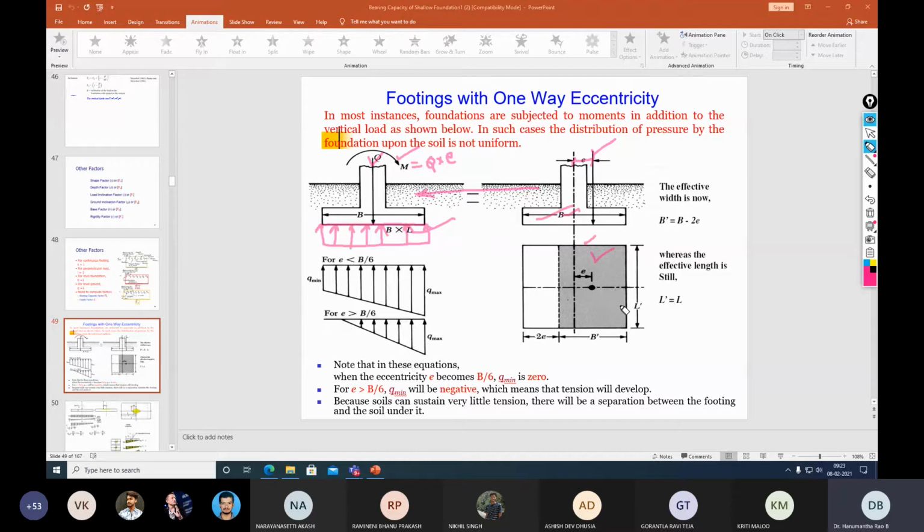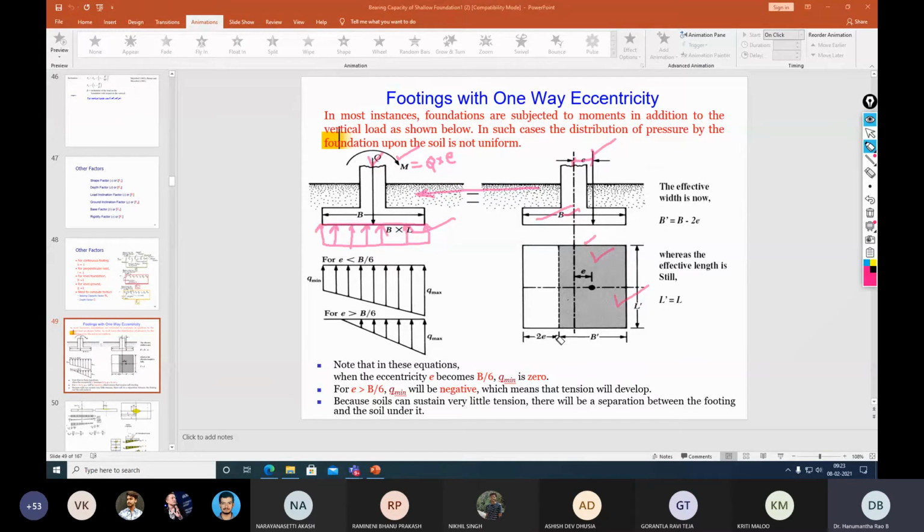If you look at this right side diagram carefully, you can understand that in the case of one-way eccentricity, only the area equal to L dash by B dash contributes to soil bearing pressure.